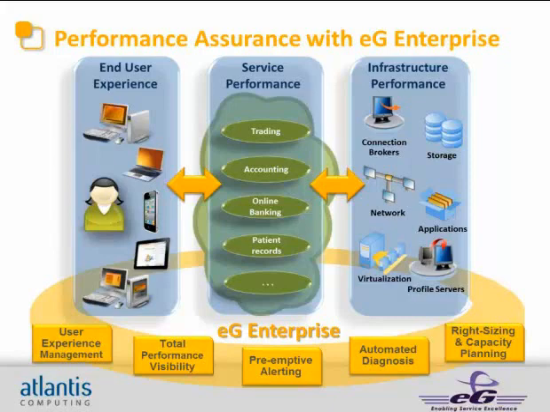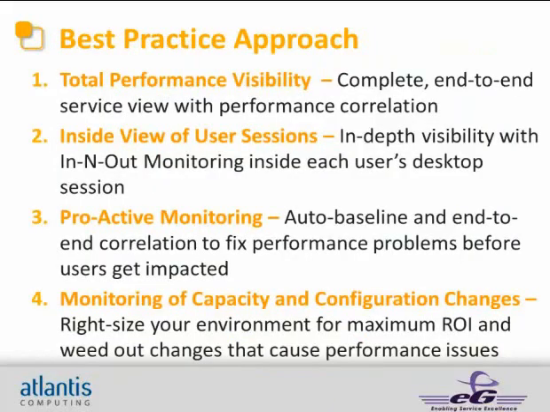Essentially, in a nutshell, total performance visibility: a complete end-to-end service view, taking into account the nature of XenApp and resource sharing, adding virtualization and its own resource sharing, understanding services and user impact. Understanding all of this as a cohesive entity gives you the ability to isolate problems quicker, reduce user impact, reduce IT impact, and improve your ROI.